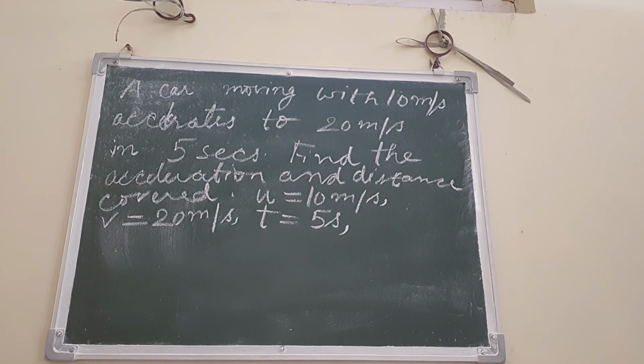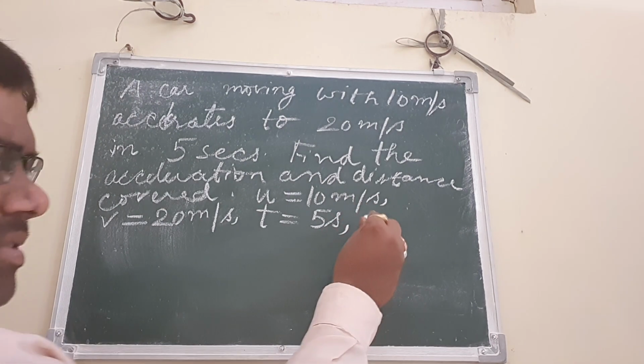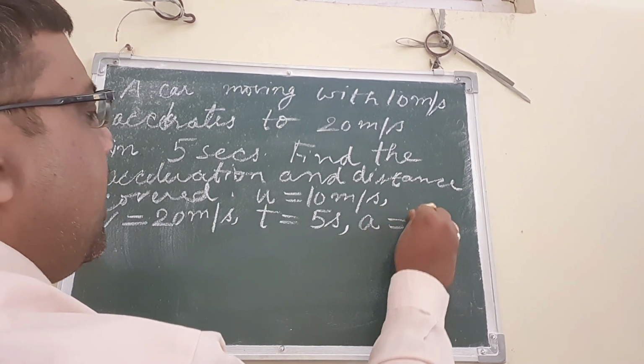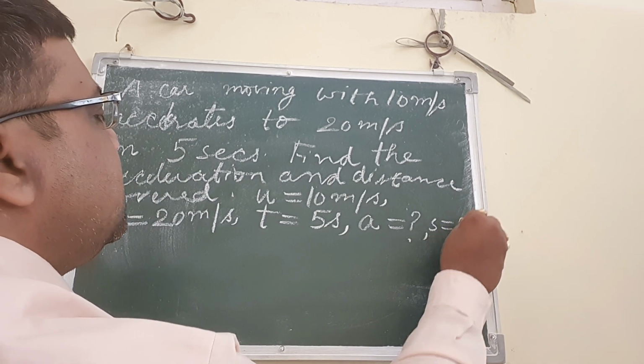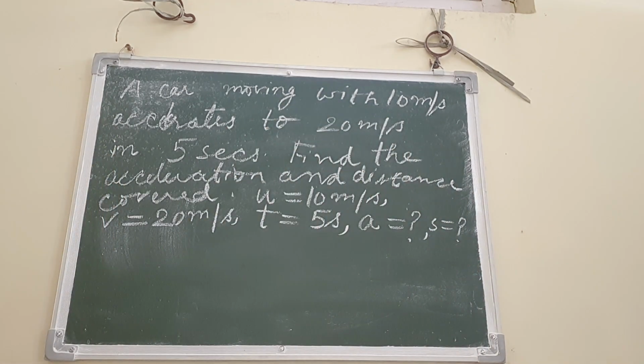So find the acceleration. So we have to find the acceleration and also the distance. So we have to find the distance, that is s, according to the equation of motion.